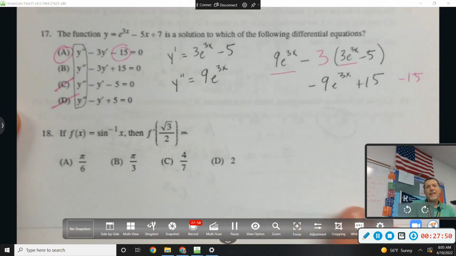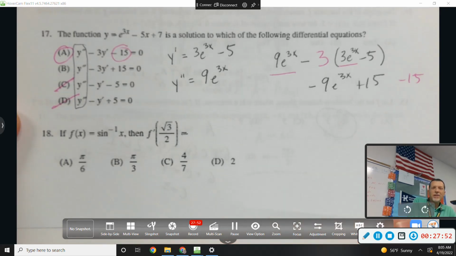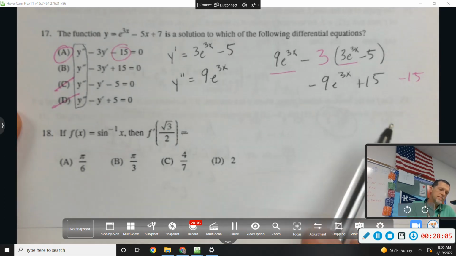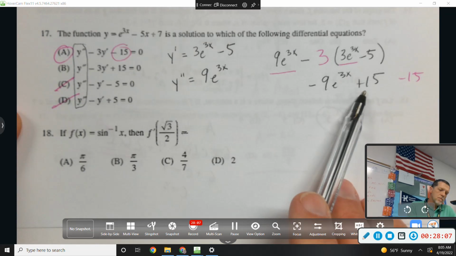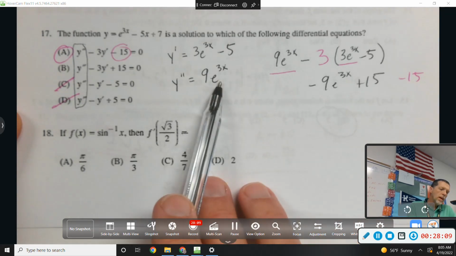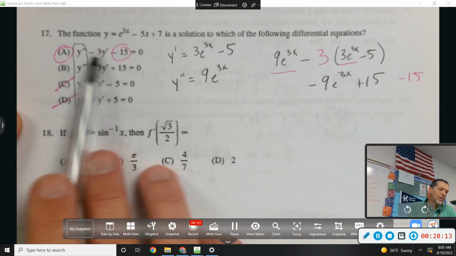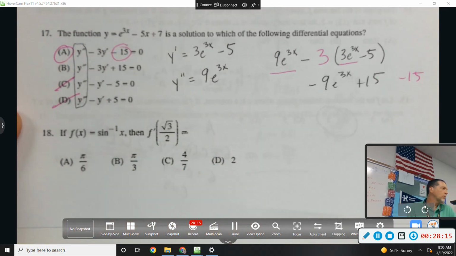Have we done one like that before? No. But it's a bit of a plug them in and see which one works. Why did you subtract it? You found the derivative and the second derivative, and I'm trying to shortcut it, but basically I'm plugging the first and second derivative into all of these and seeing which one gives me 0 at the end.